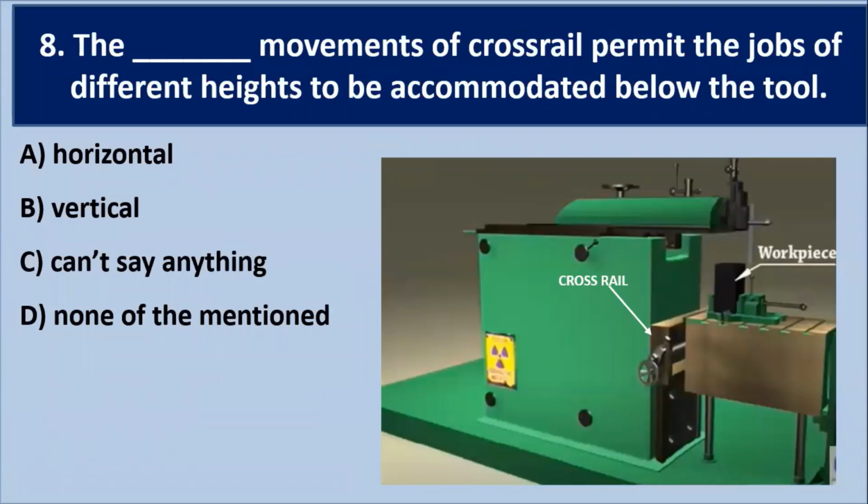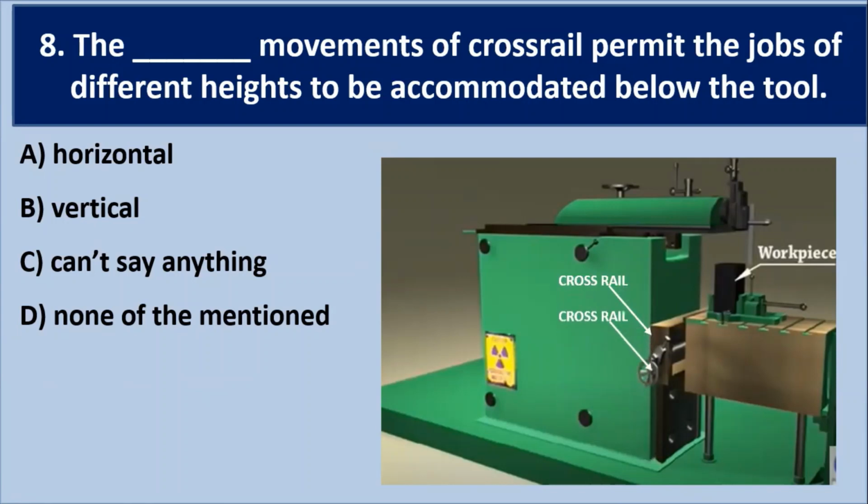Next question, the blank movement of a cross rail permits the job of a different height to be accommodated below the tool. If you see, actually the vertical movement is the answer. The cross rail is moved vertically up and down.